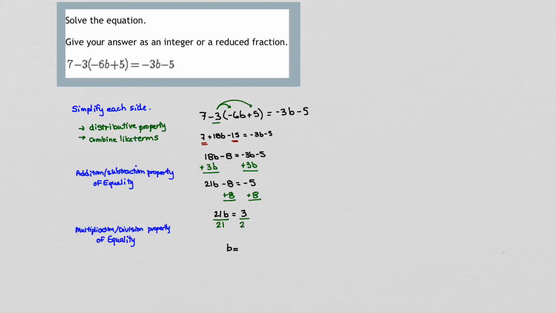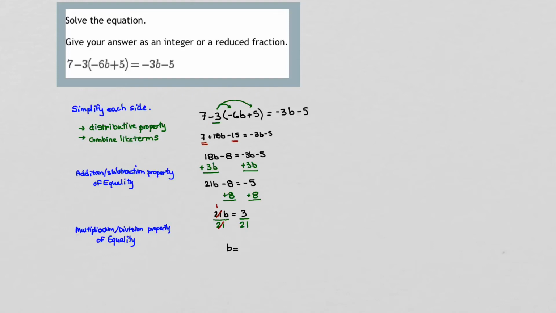I'm going to divide both sides of this equation by 21. Doing so, notice the 21 divided by 21 cancels, and it just gives me 1b, or b. And that's on the left side, but that's given me b by itself.